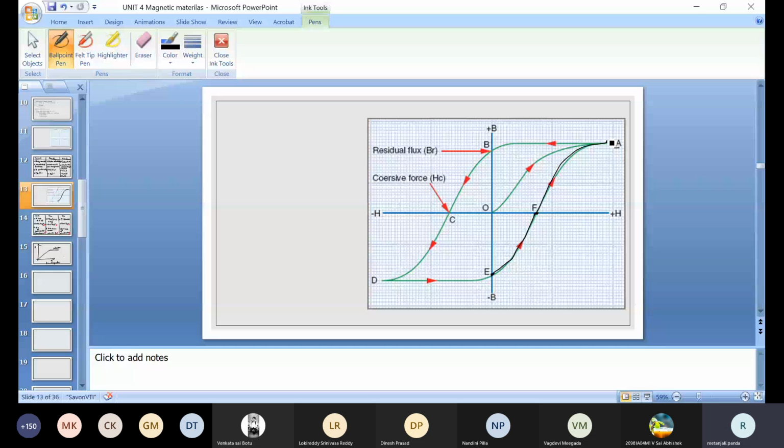That is why it is called your hysteresis loop, and this is called the magnetic field loss. This is what is called the BH curve for a ferromagnetic material.